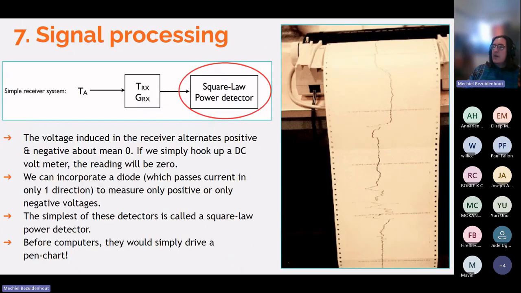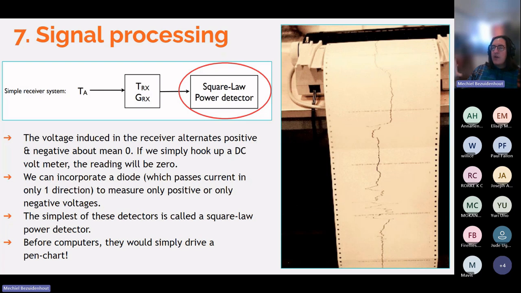Right. So after the signal has passed through the receiver, it gets passed to some signal processing devices. And basically that means you have to measure the voltages that are induced by the electromagnetic signal.